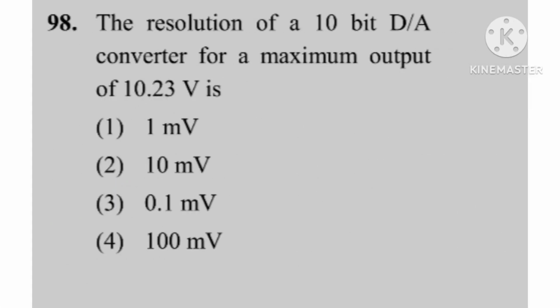The resolution of a 10-bit digital to analog converter for a maximum output of 10.23 volt. A digital to analog converter converts a digital input code into a proportional analog output voltage or current. Because the digital input has a finite number of bits, the analog output does not change continuously, it changes in discrete steps.